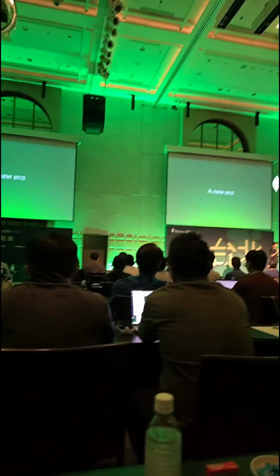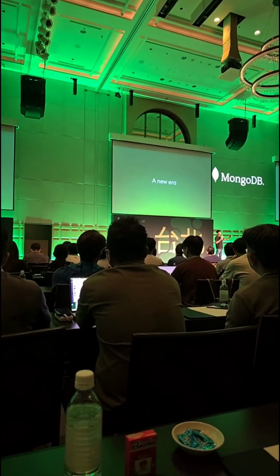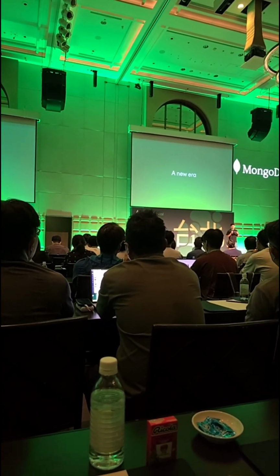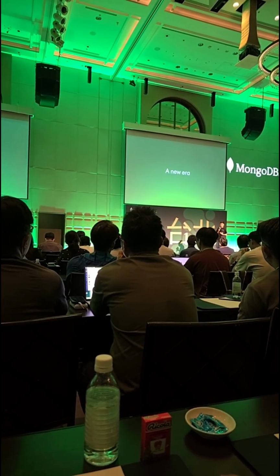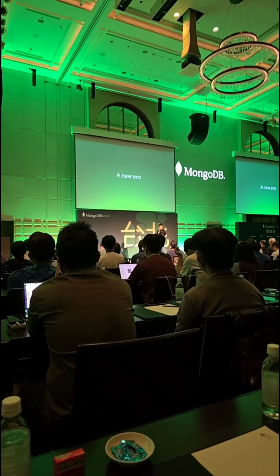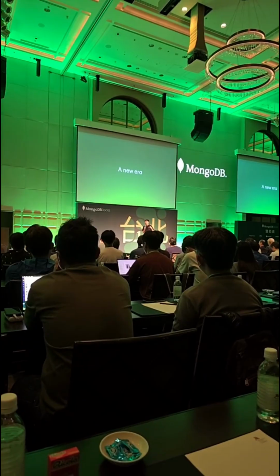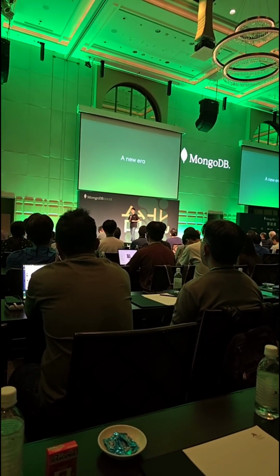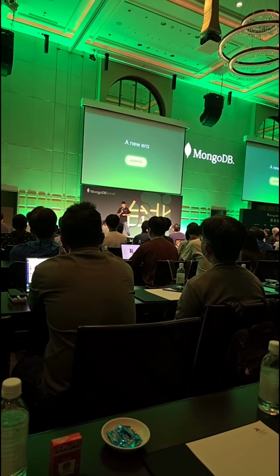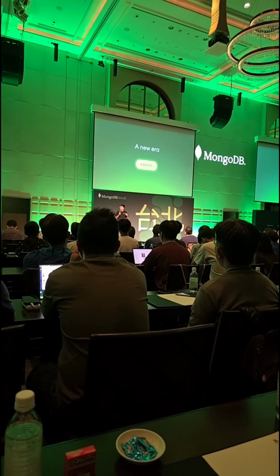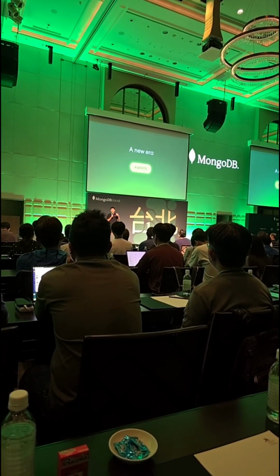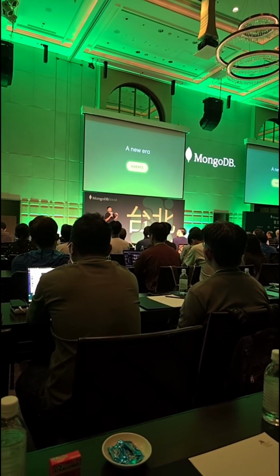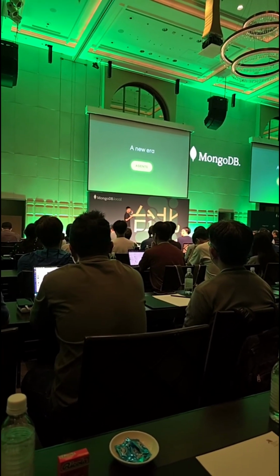Now he is talking about a new era, like how AI is changing MongoDB. So they are introducing AI agents in the MongoDB interface.